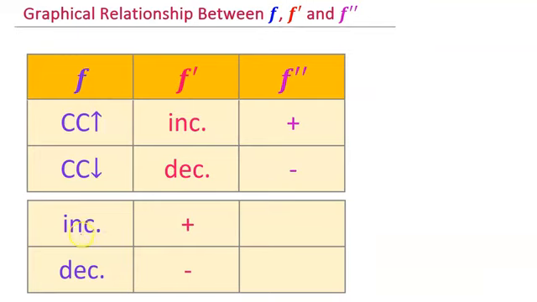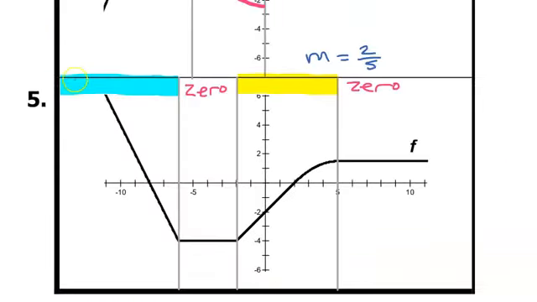Remember, everywhere f is increasing, f prime will be positive. Where f is decreasing, f prime will be negative. So that means that f prime will be negative in this interval, and it will be positive in this interval.